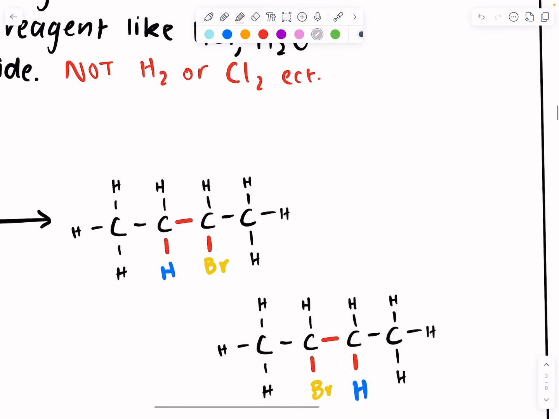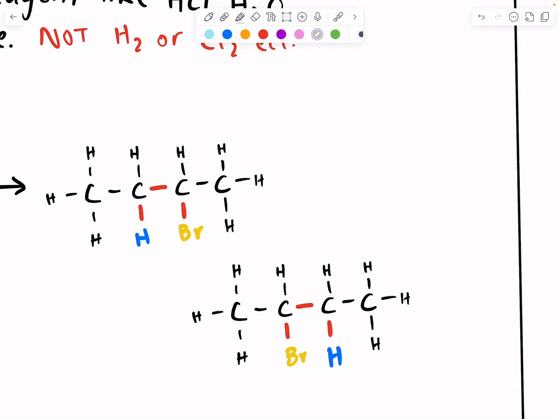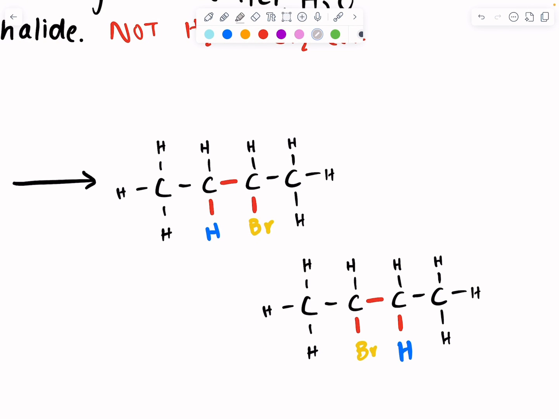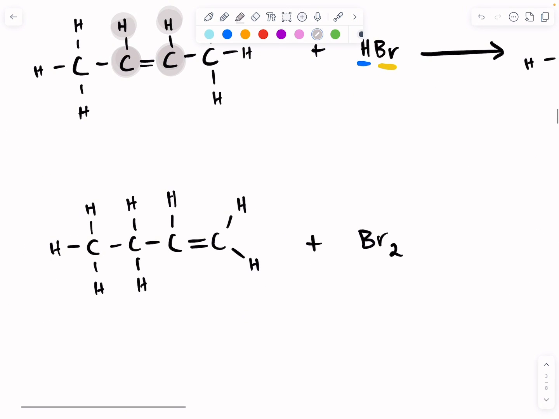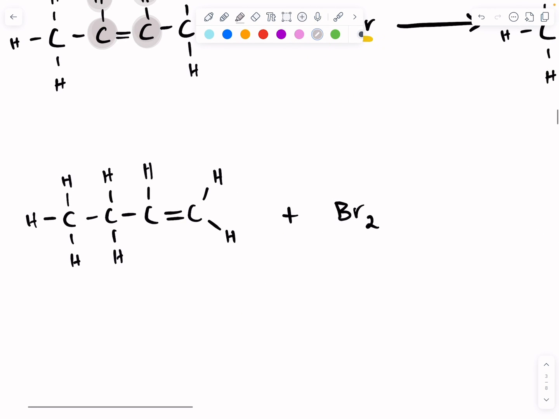You can just get 2 structural isomers, and we've covered that in the previous lesson. Go watch that video if you need a recap on it. But you can't get major and minor products because there's no rich carbon. Okay, another type of example. All right, we're dealing with an unsymmetrical alkene.